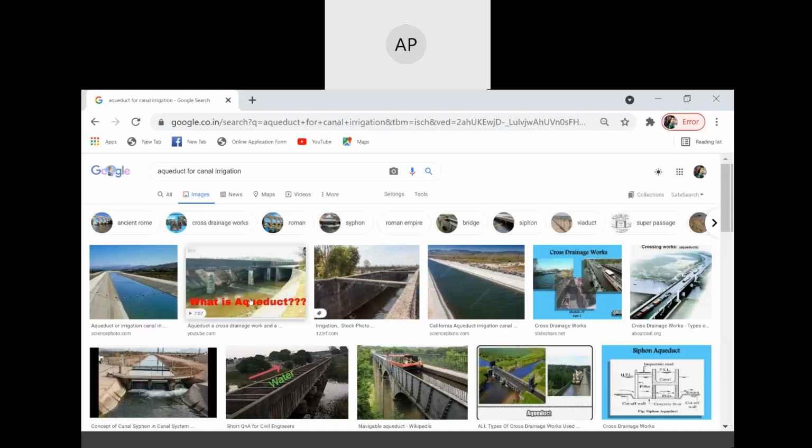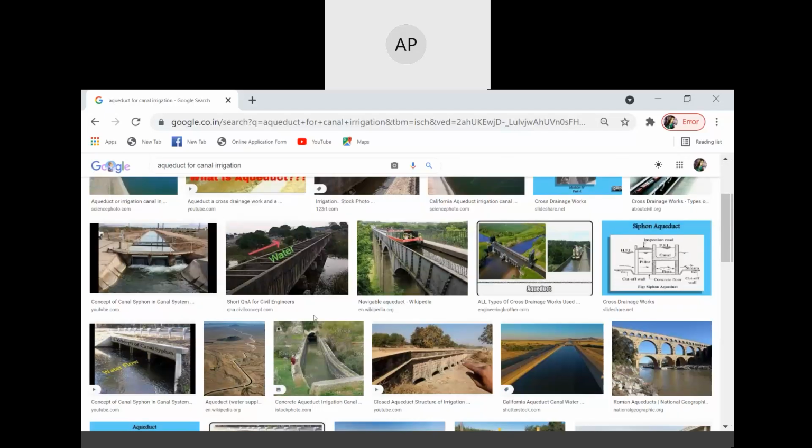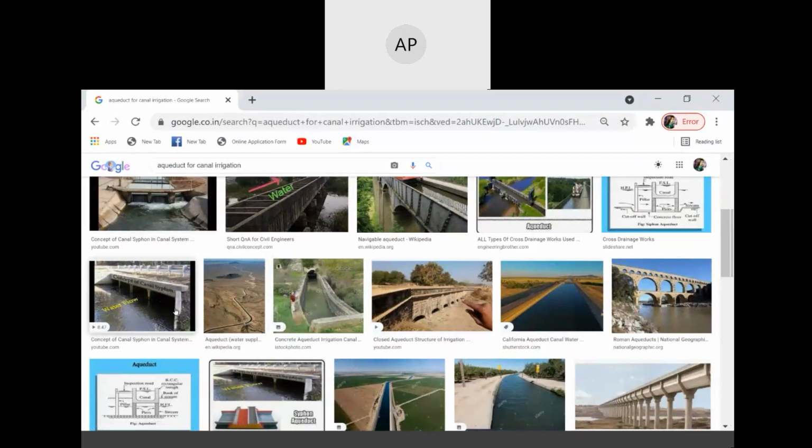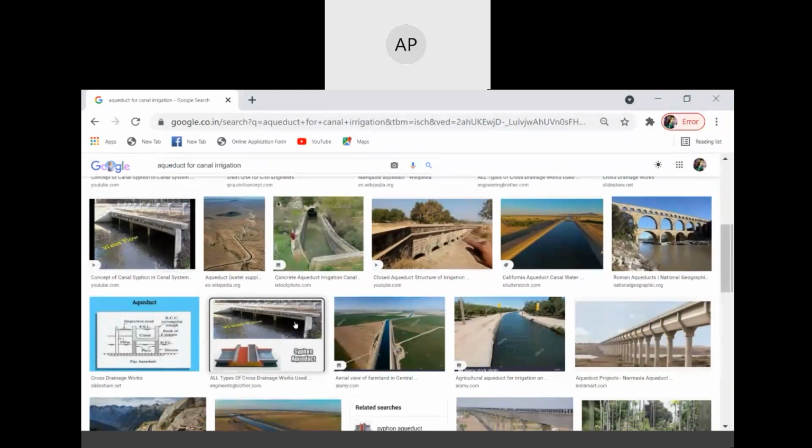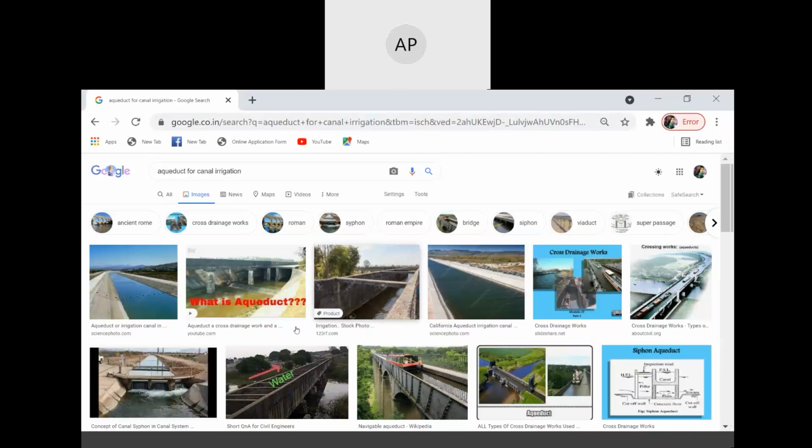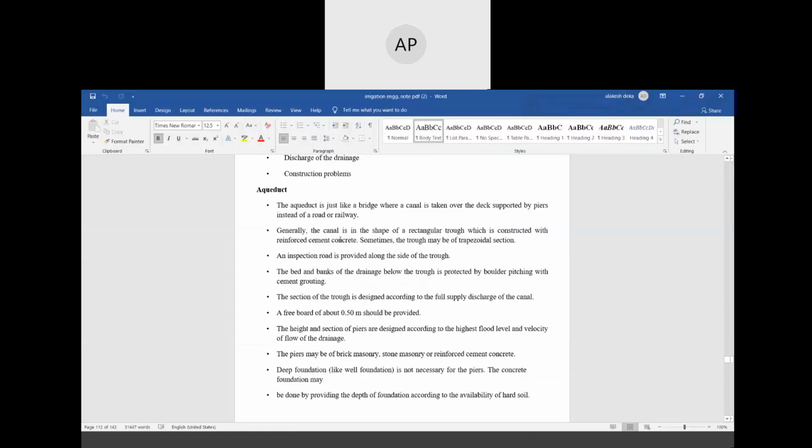These are some aqueduct structures you can find. And let's see what an aqueduct is.